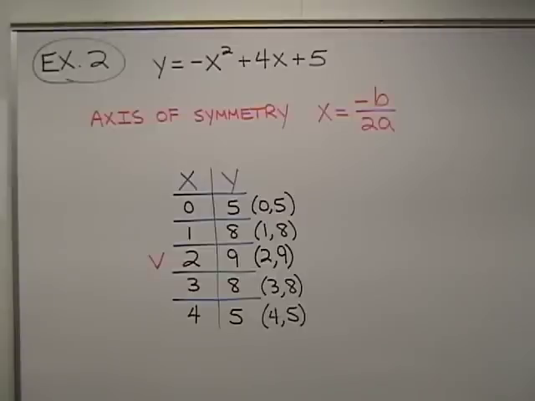Now please remember that whenever you do a parabola graph, you should have 5 points. Otherwise, you're not going to have enough points to really get a good idea where the parabola is sitting on the coordinate grid. You want to have accurate graphs all the time. So let's take these 4 points, go back to the graph, and finish off our parabola.